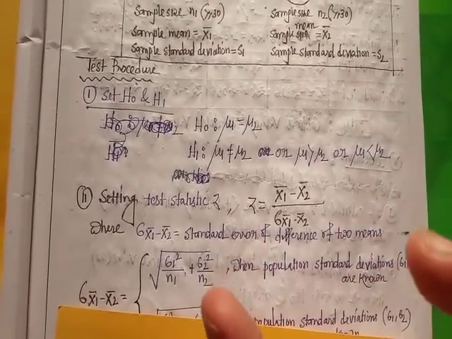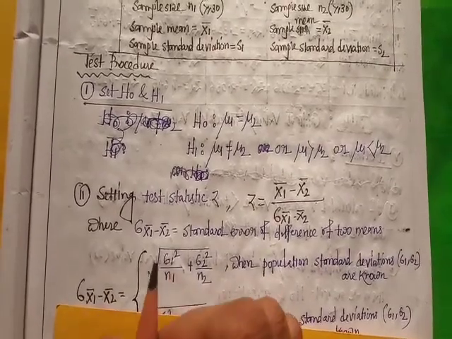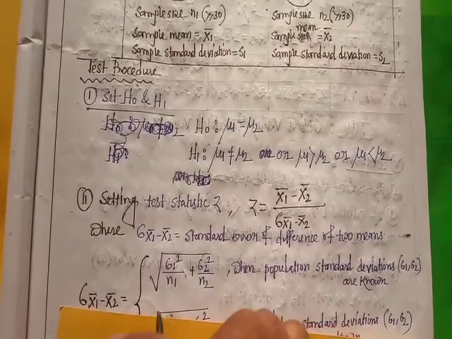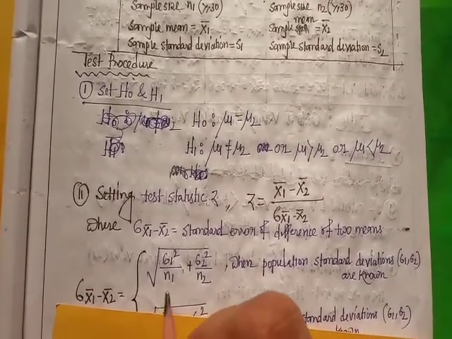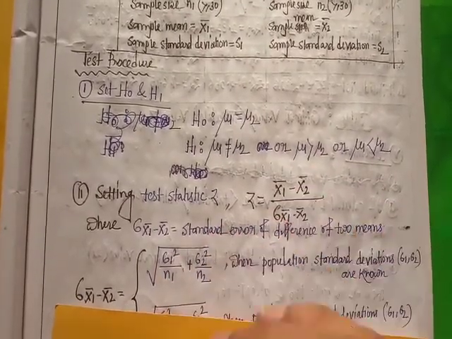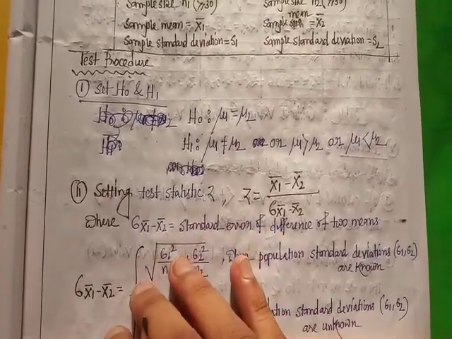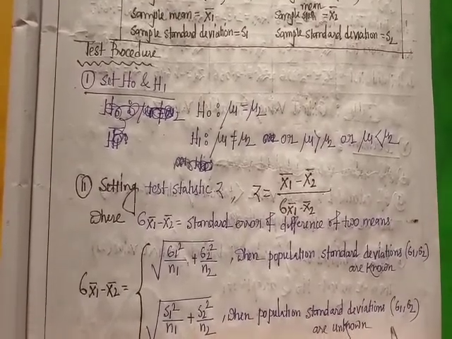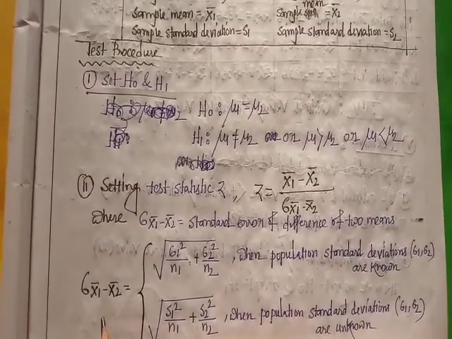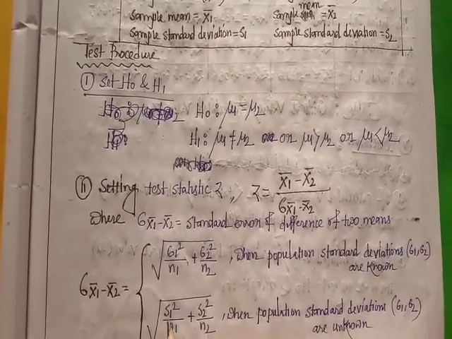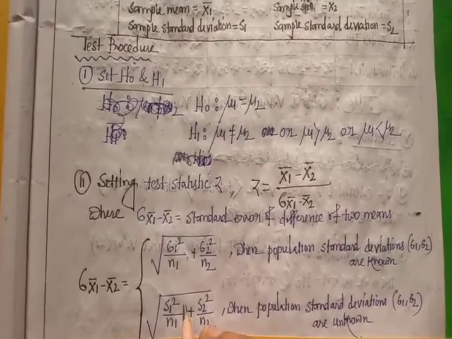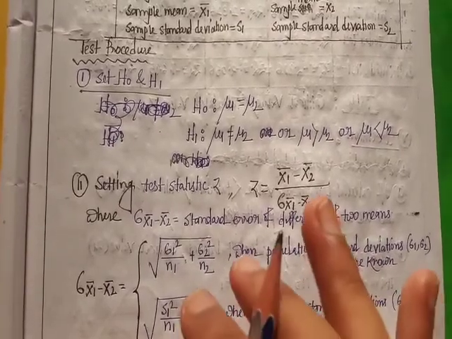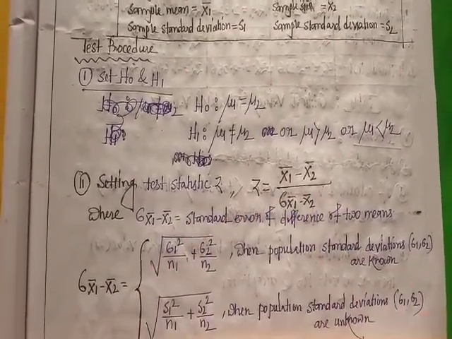When the population standard deviations sigma 1 and sigma 2 are unknown, sigma x1 bar minus x2 bar equals root over s1 square by n1 plus s2 square by n2, where s1 and s2 are the standard deviations of sample 1 and sample 2 respectively.